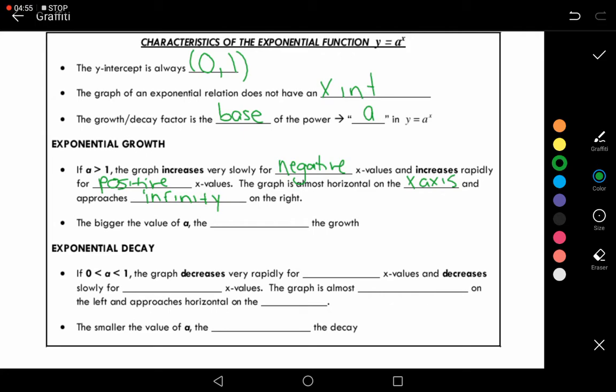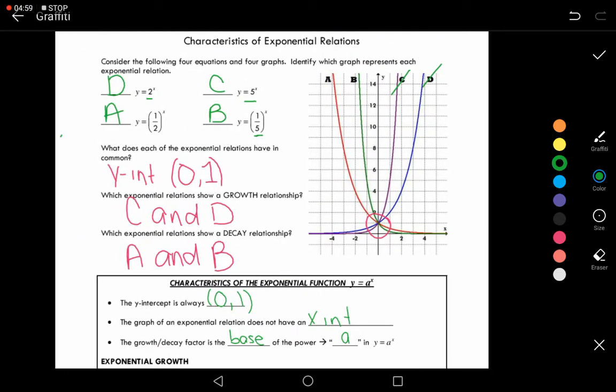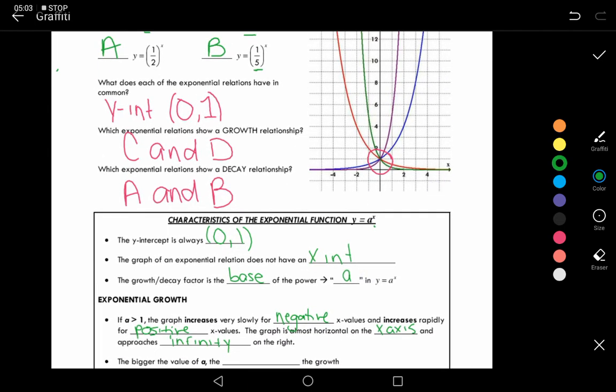So if I scroll back up here, we're looking at C and D for our growth. When the x values are negative, we can see that we're slowly increasing. And as we get to the positive x values, we start rapidly increasing.